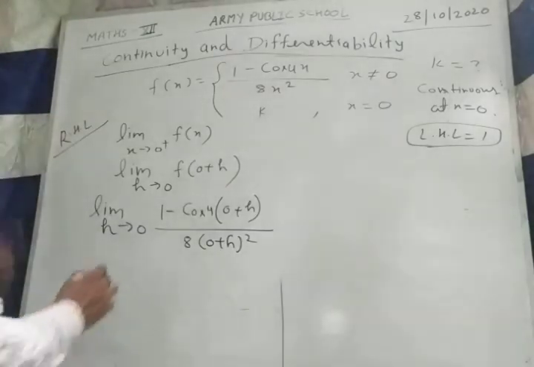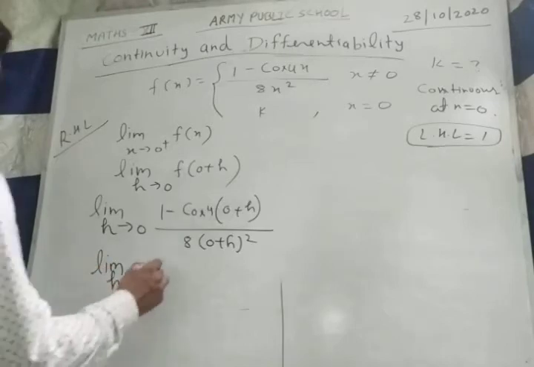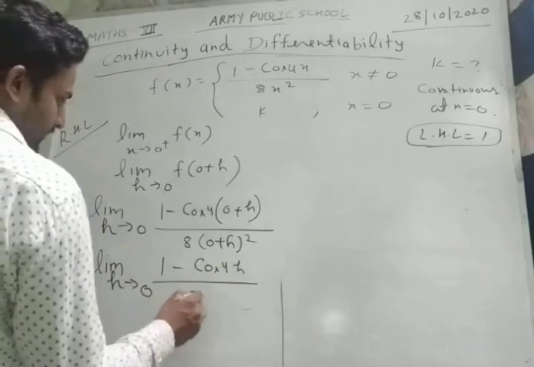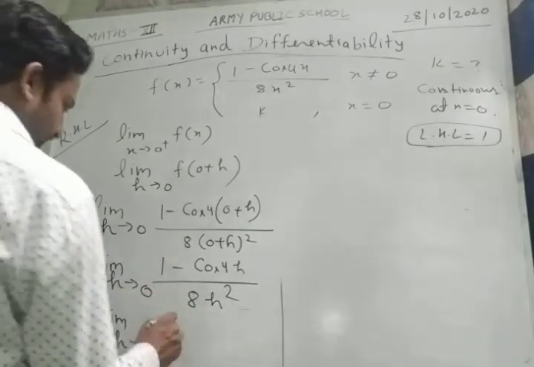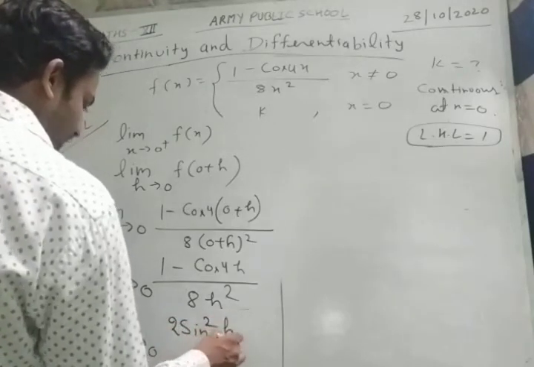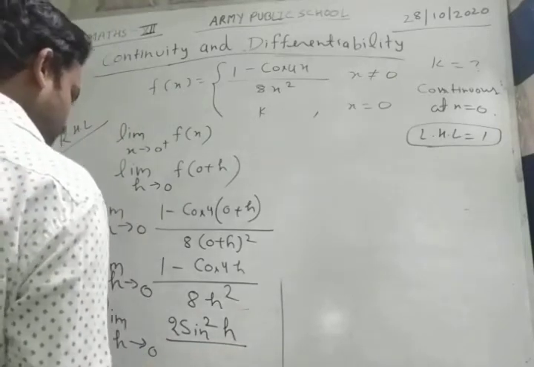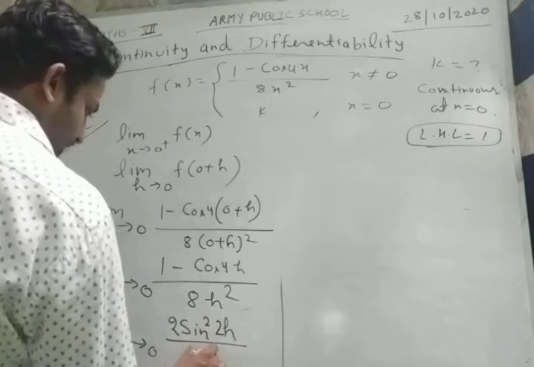So we write limit h tends to 0 of (1 - cos 4h) by 8h². Now again, limit h tends to 0 of 2 sin² 2h by 8h².